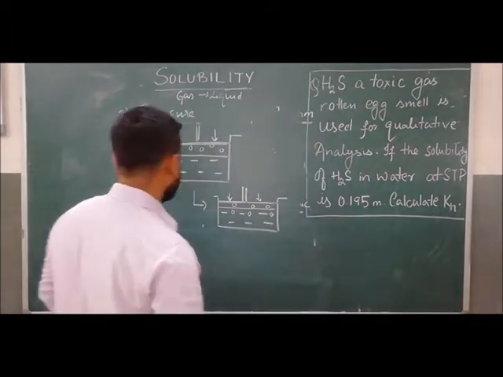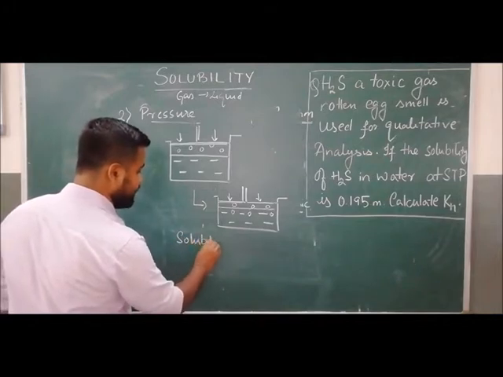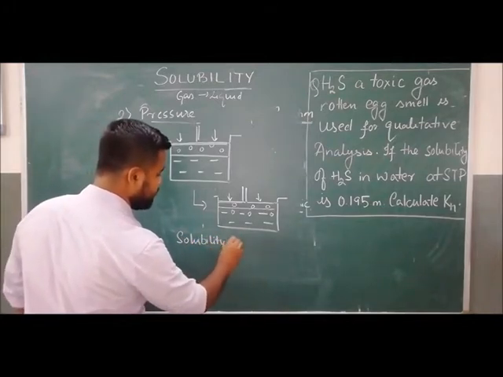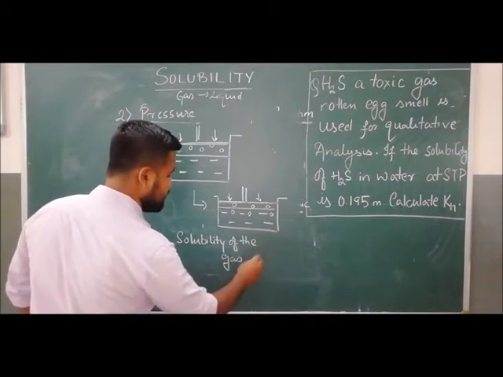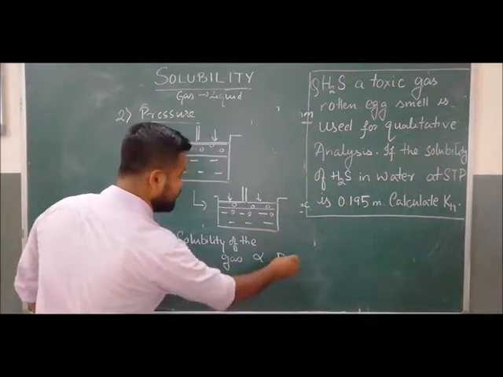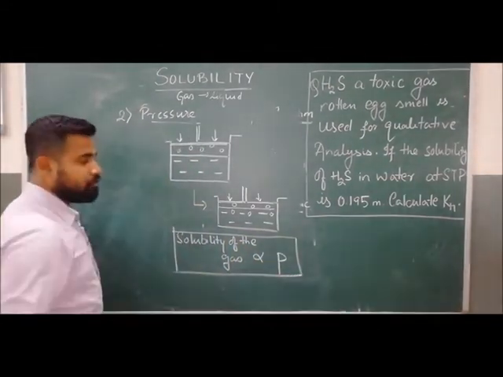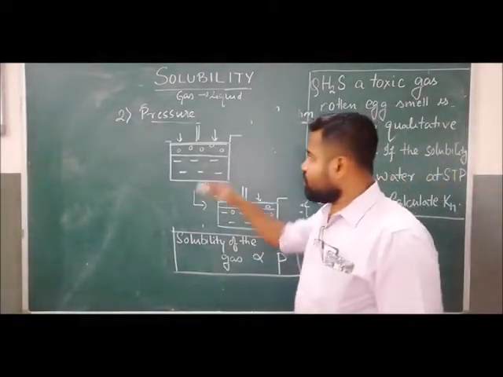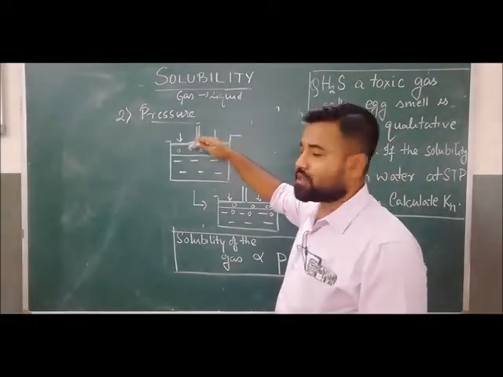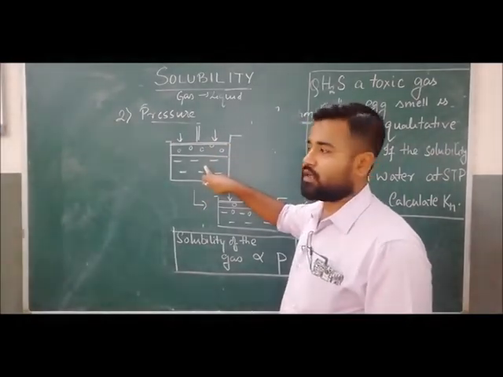So what we conclude is that the solubility of the gas in liquid is directly proportional to the pressure. Whenever we increase the pressure over the piston, the gaseous particles mix with the water.